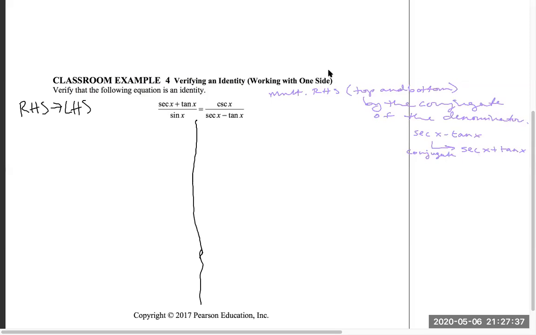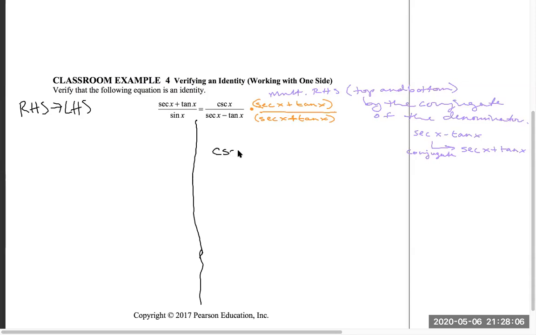Okay, so note that what we're going to be doing here is multiplying by secant x plus tangent x as a factor, top and bottom. Kind of think you're multiplying by 1, essentially, so you're not changing your expression value.